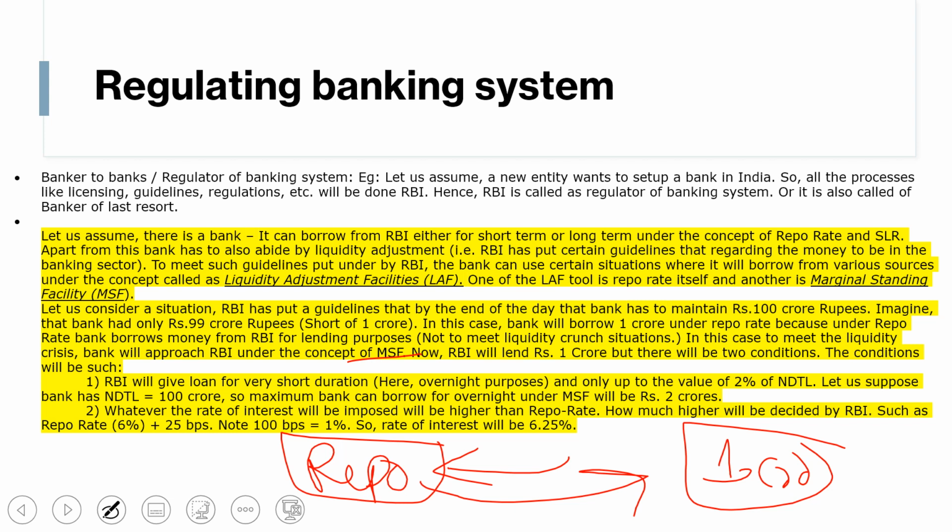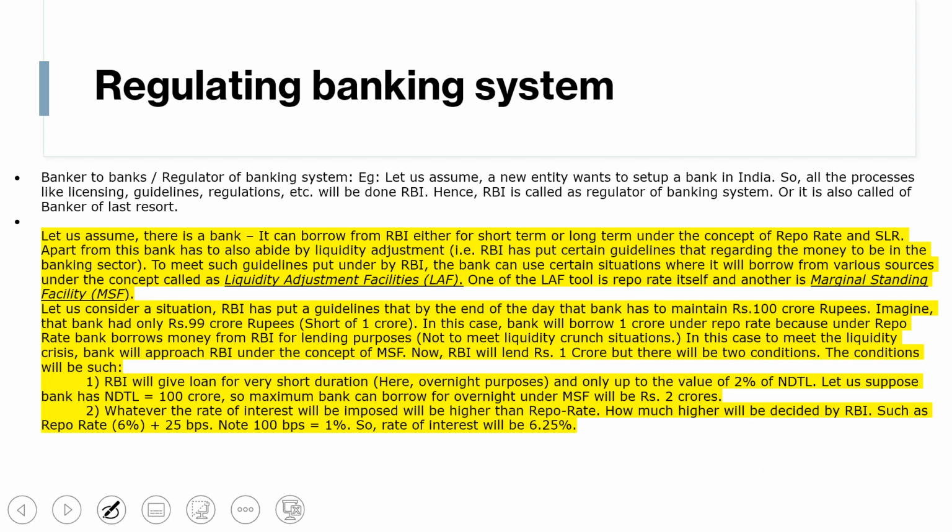Now the RBI will lend rupees 1 crore, but there will be two conditions. It is not under the repo rate, it is considered under MSF. The first condition is that the RBI will give the loan for a very short duration, overnight, and only up to 2% of the NDTL.